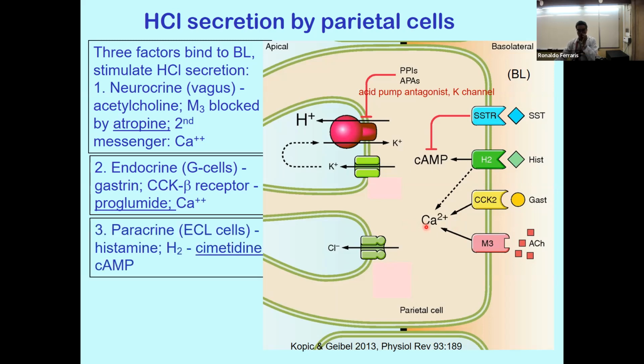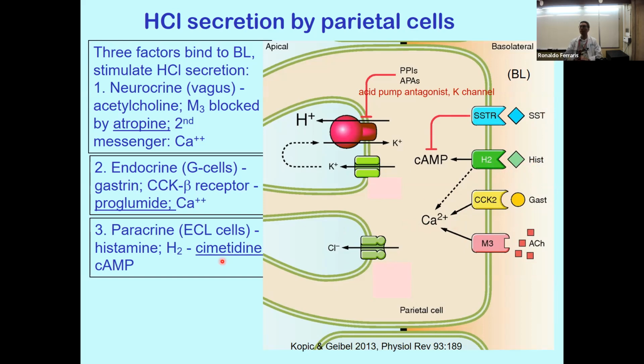Now, the paracrine signaling is via histamine, here binding to the H2 receptor, which can be blocked by cimetidine.